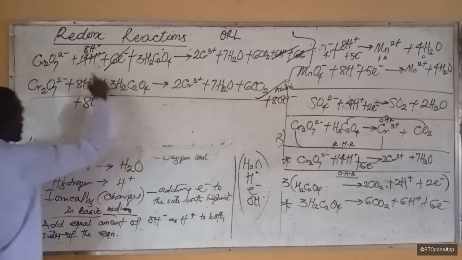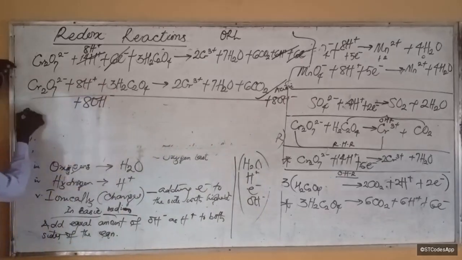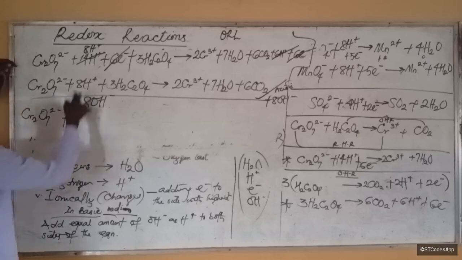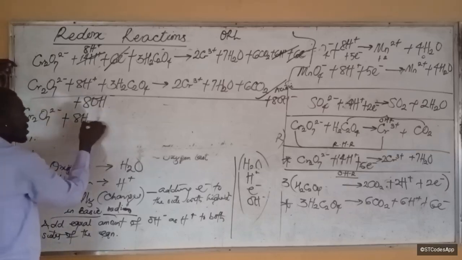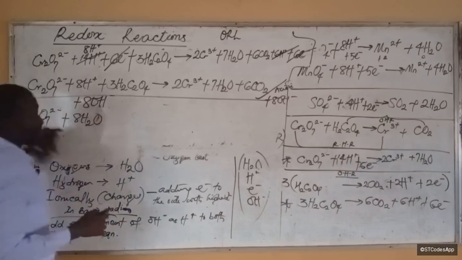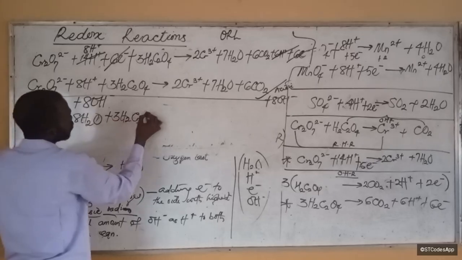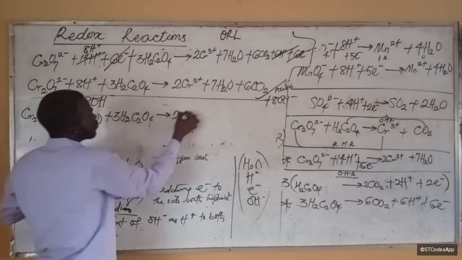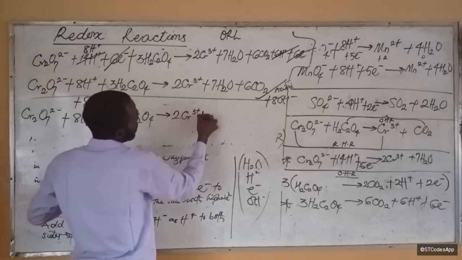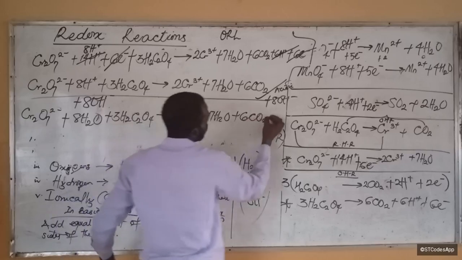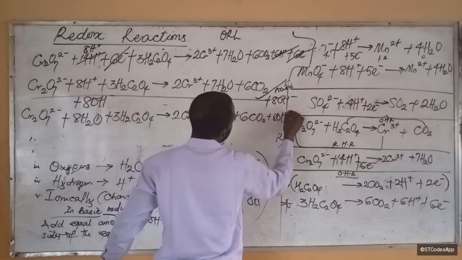So on this side, this will turn to water. So it will now become Cr2O7 minus plus 8 water. The number is just what you write back, but now in water. Then plus 3H2C2O4 to give 2Cr3 plus 7H2O plus 6CO2 plus 8OH minus.